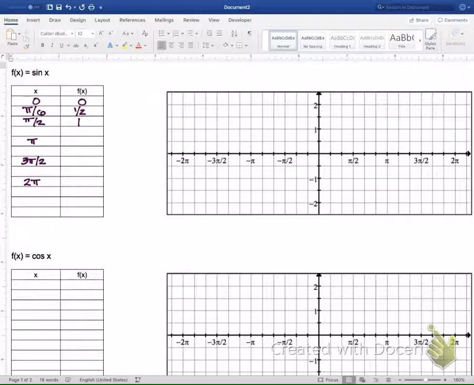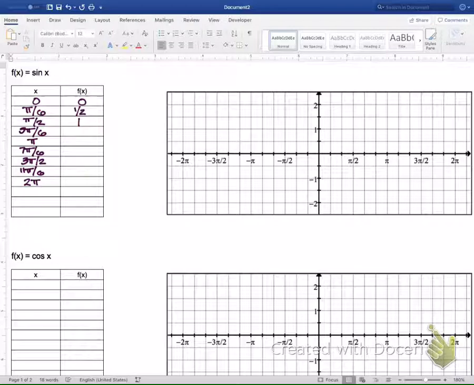Anyone remember what comes between pi over 2 and pi? That's a pi over 6. 5 pi over 6. Good. What's the one directly after pi in your unit circle? That's a pi over 6. 7 pi over 6. And what's the last one right before 2 pi? 11 pi over 6. These are going to be all of our nice ones.